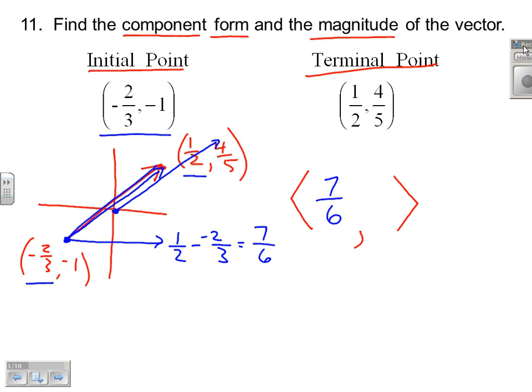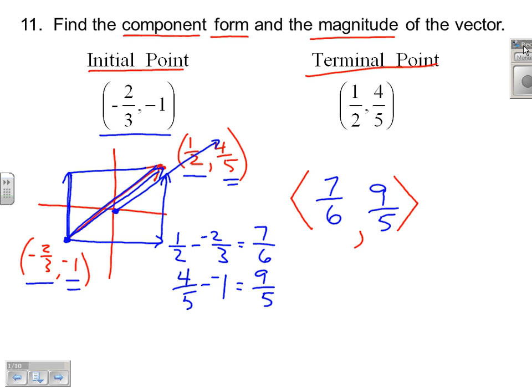Likewise, I've gone up to get from here to here. How far have we gone up? We can quickly see, if I take the 4/5 and subtract the -1, I had to go up 1 and then I had to go up another 4/5. So if I take my terminal point y value, 4/5, subtract my initial point y value, I get 4/5 plus 5/5, I get 9/5.